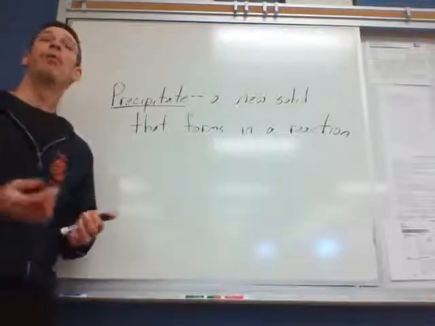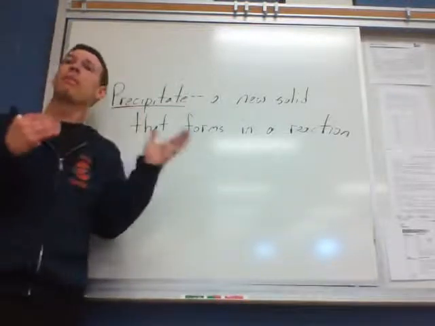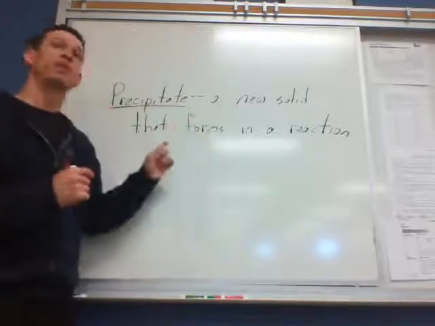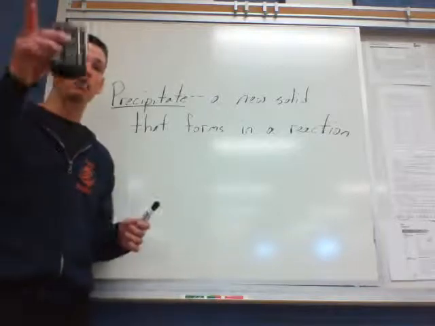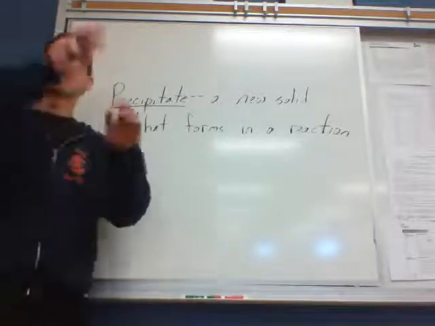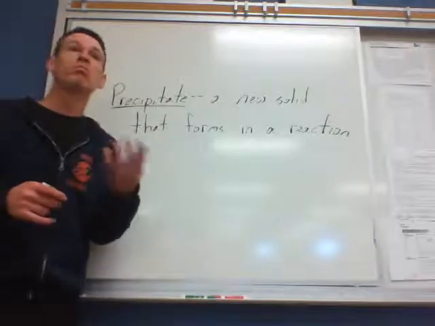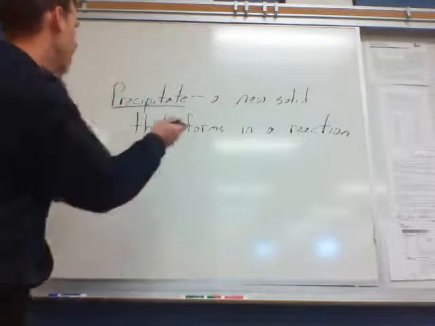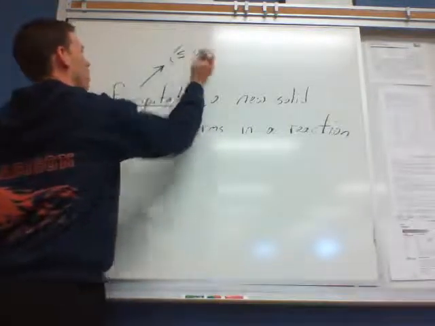We've got a symbol while we're writing actual reactions to show somebody looking at our chemistry which product is the precipitate. Because in a precipitation reaction, just like my poop monster friend here, one of the products will be a new solid, the precipitate, and one will be something that is in liquid form. But this precipitate is going to be represented by this symbol.